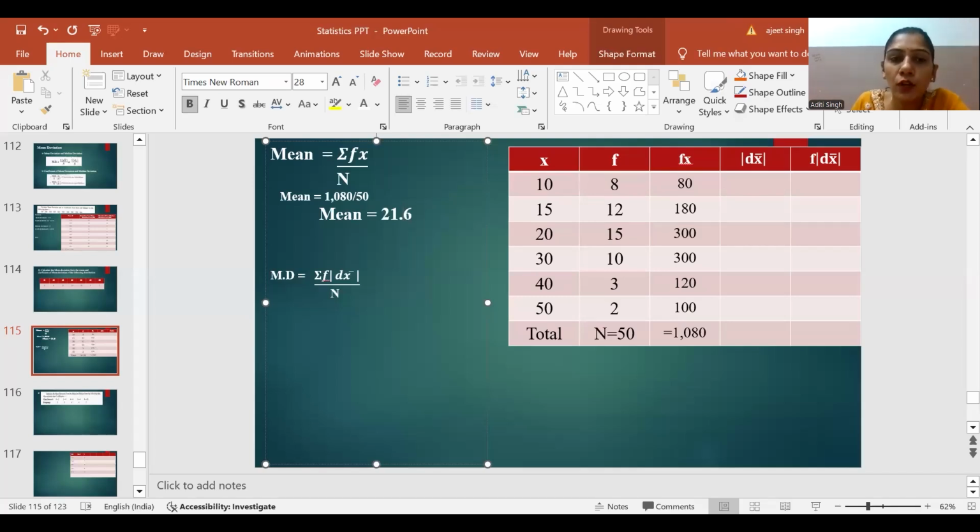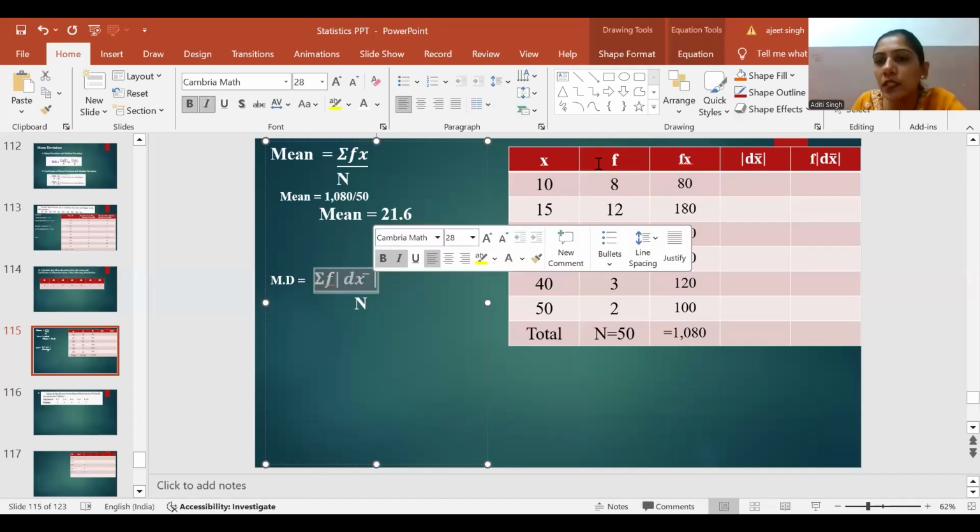In individual series, the formula is sum of dx bar divided by n, but in discrete series, frequency is given.